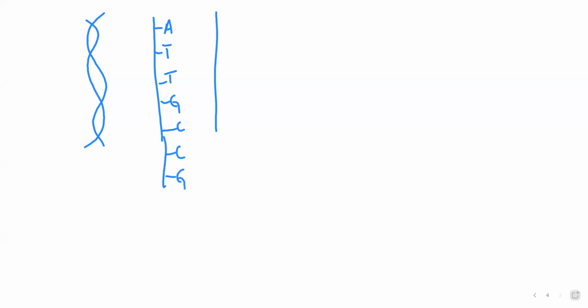First, this DNA molecule gets open. And this DNA molecule has got a base sequence, A, T, T, G, C, C, G, whatever the sequence is. It can be in repeated form.